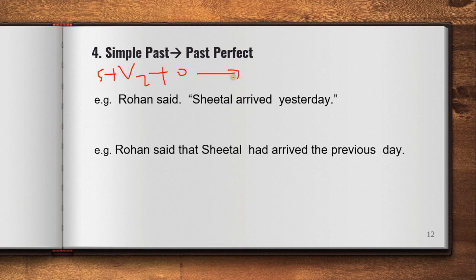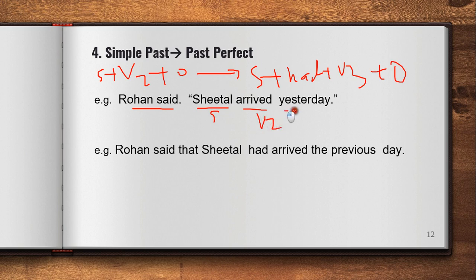Change into the past perfect: subject plus had plus verb 3 plus object. Okay, let's take a look at this one, guys. Rohan said, subject, arrived, verb 2, yesterday. This is an adverb of time.